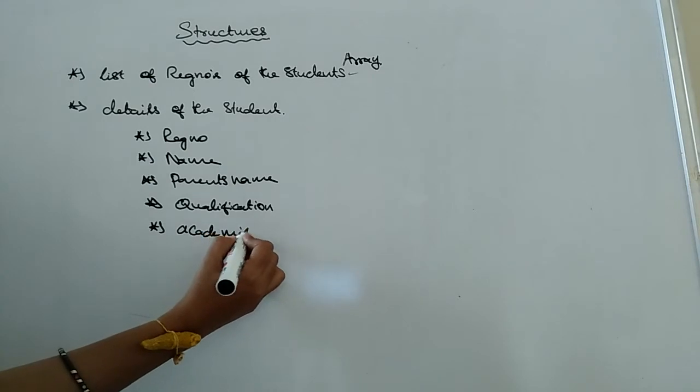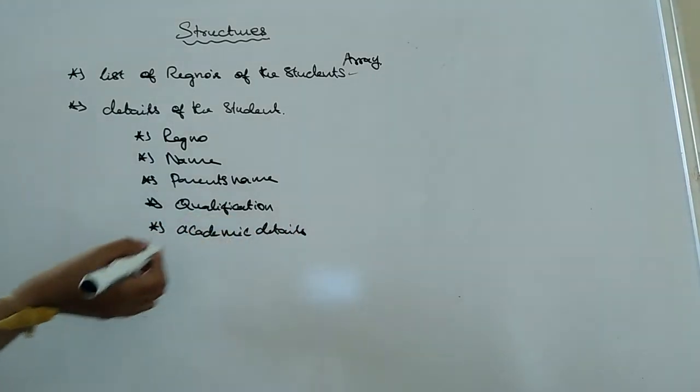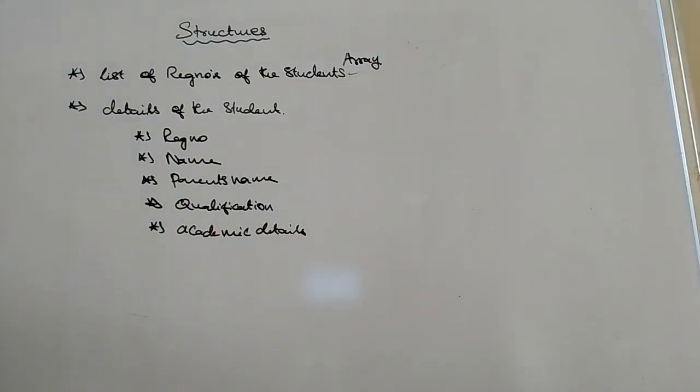We should store the academic details, co-curricular activities, personal information and so on. So the details of the student include a lot of information such as register number, name, parents' name, address, age, qualification, gender, academic details, co-curricular activities, how much the student scored in marks, and physical fitness and so on.